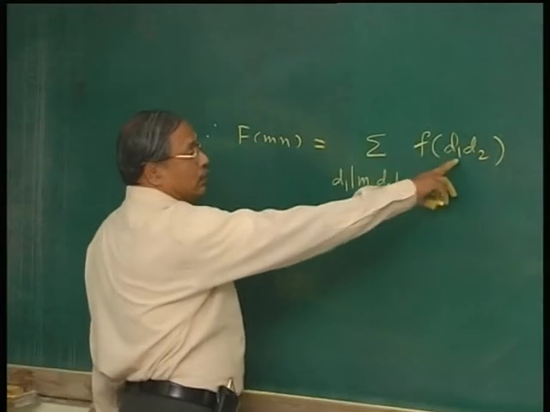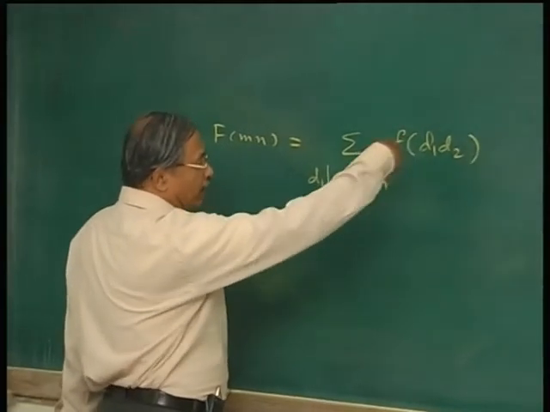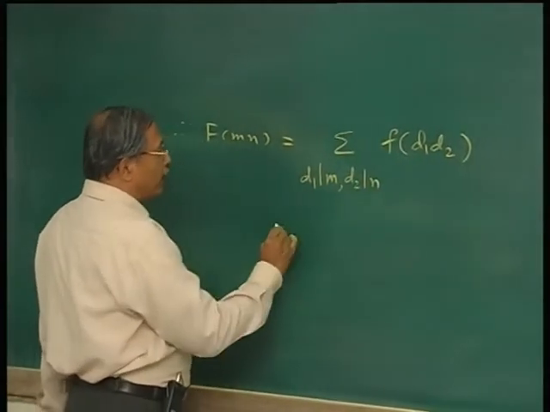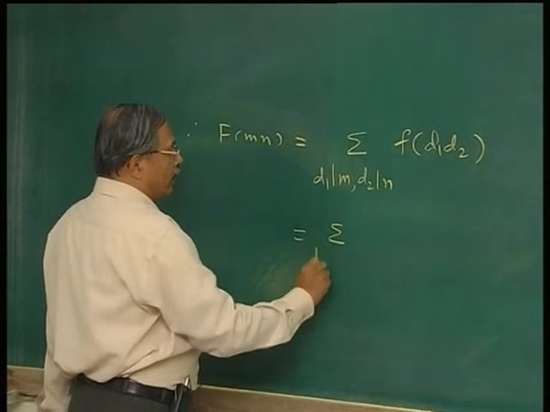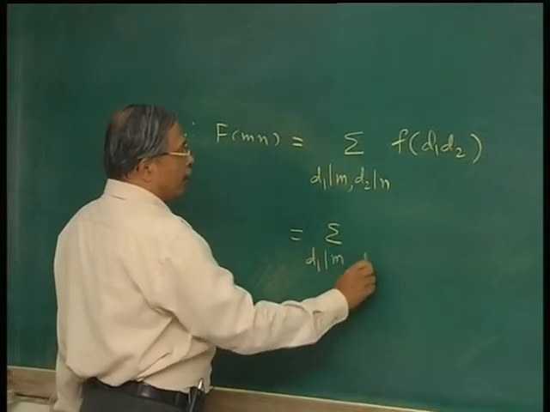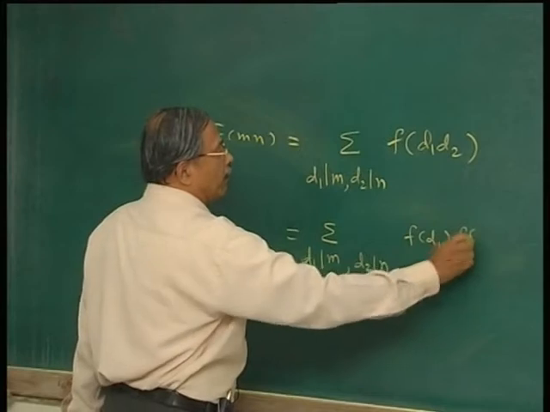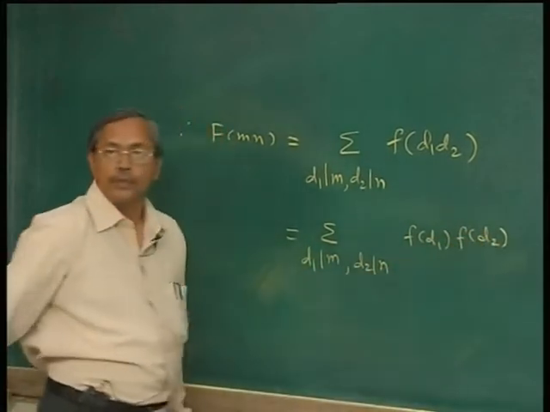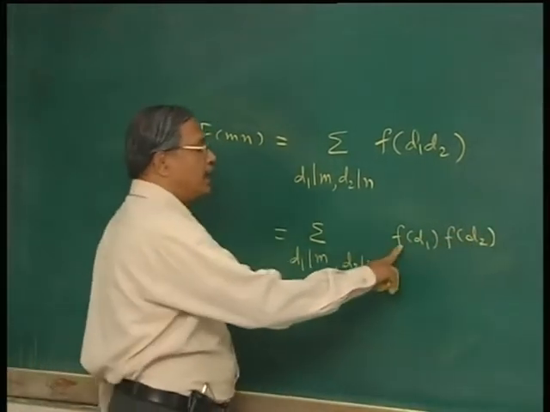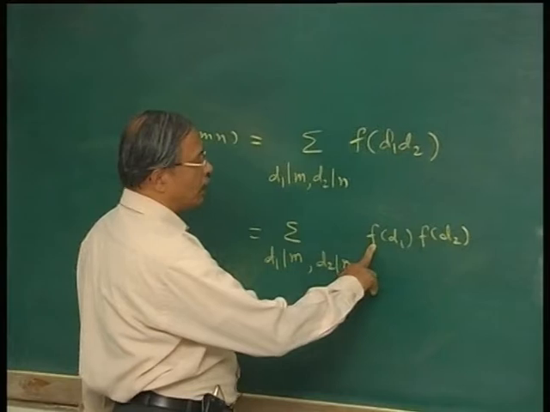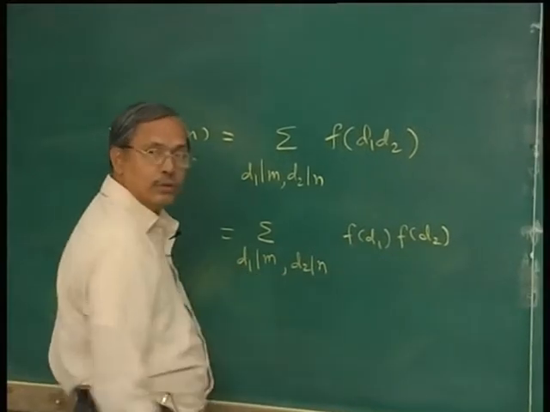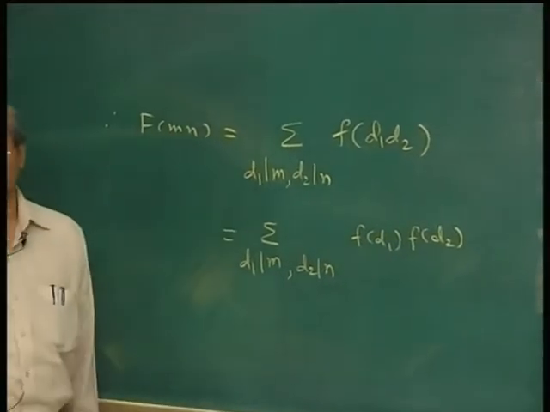Now, especially uniqueness. Now you write f(d1 d2) as f(d1) into f(d2). So summation over d1 dividing m, d2 dividing n, of f(d1) into f(d2). That is because the function f is multiplicative and d1 and d2 are also coprime, because m and n are coprime.